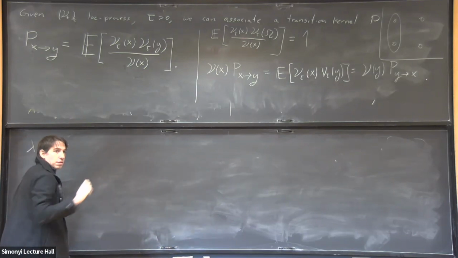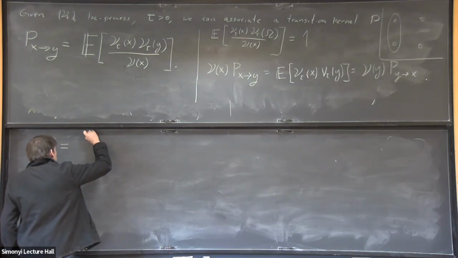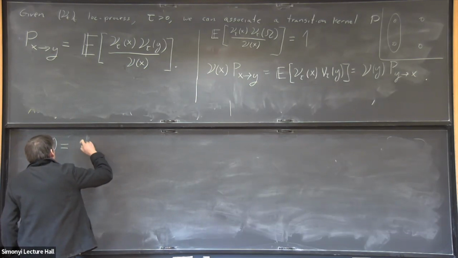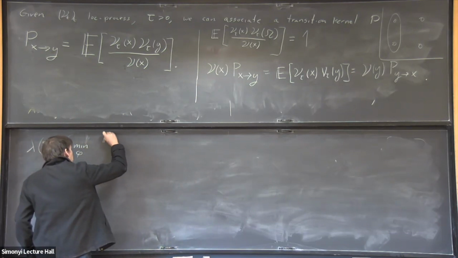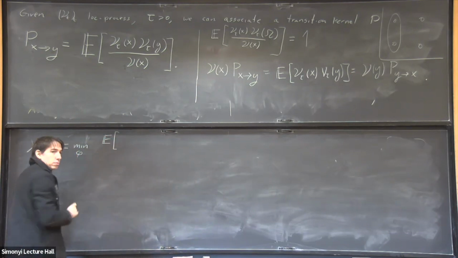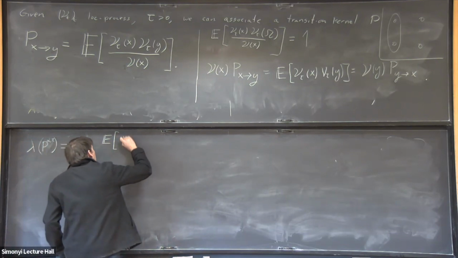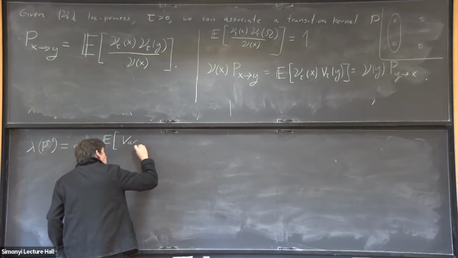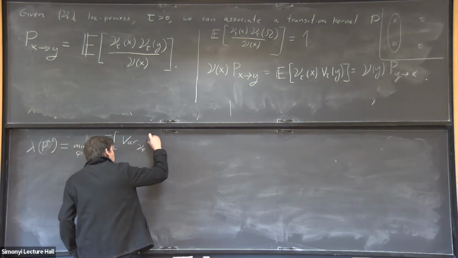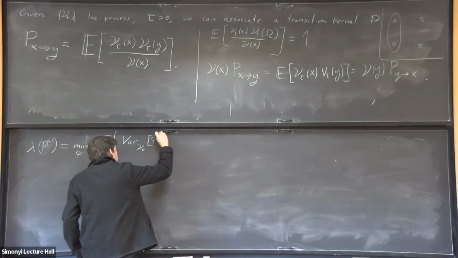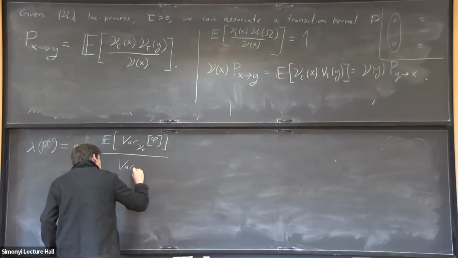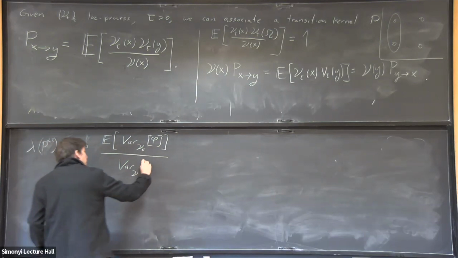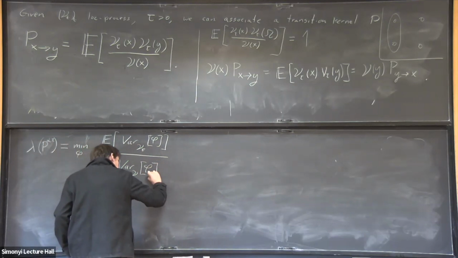This is just a direct computation to the following thing: the minimum over all test functions phi of the expectation, again with respect to the localization process, of the variance with respect to the measure nu at time tau of the test function phi, over the variance with respect to the original measure nu of phi.